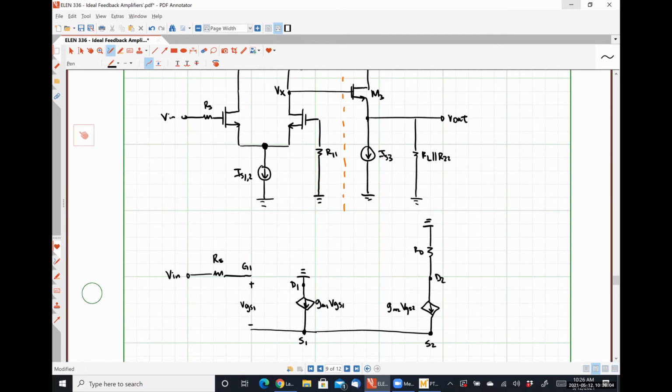So this is D2. And here is where we take our output voltage for this stage, which is Vx. And over here, we have VGS2. Here's our resistance R11, and there's ground. So anybody have any problems with my small signal model for just the left-hand stage?